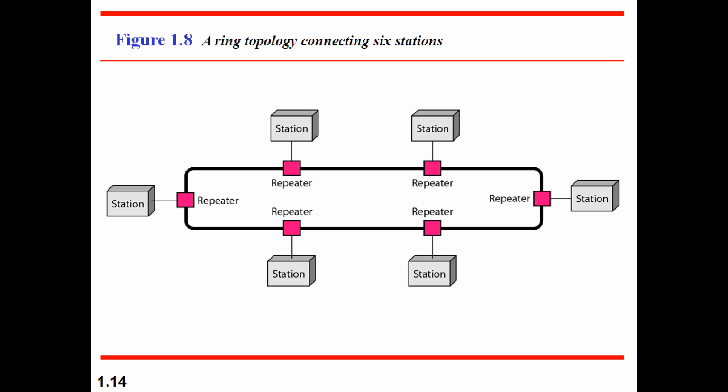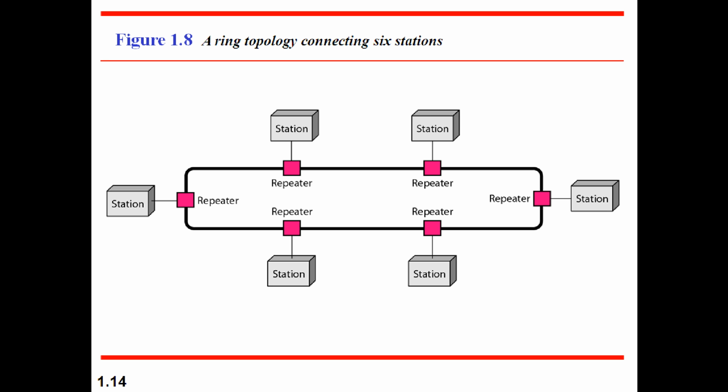Now let us move to the ring topology. In a ring topology, each device has a dedicated point-to-point connection with only the two devices on either side of it. A signal is passed along the ring in one direction from device to device until it reaches its destination. Each device in the ring incorporates a repeater. When a device receives a signal intended for another device, its repeater regenerates the bits and passes them along.